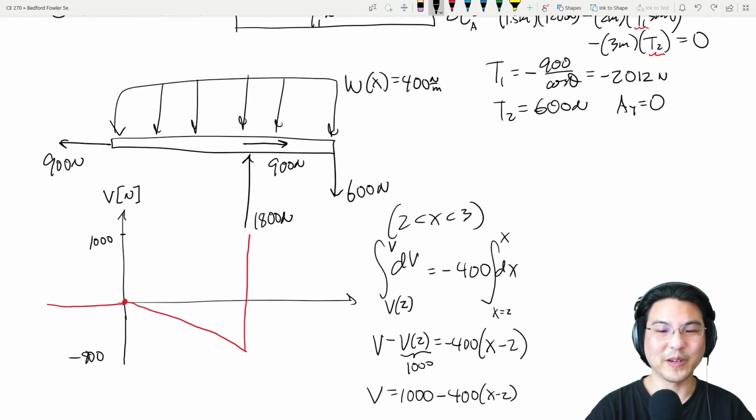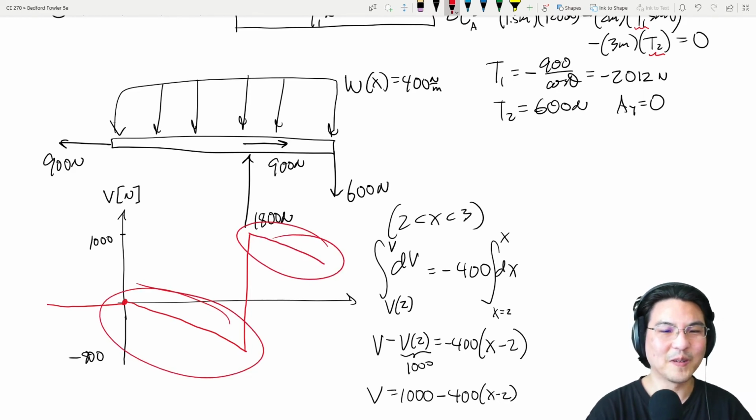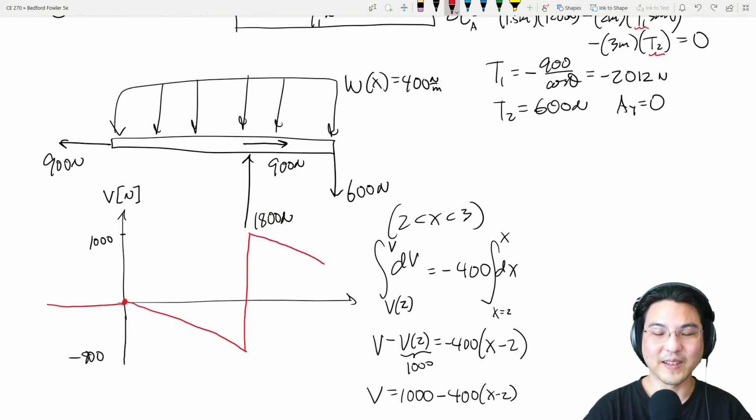So between 2 and 3, what is the value at x equal to 2? That becomes 0, so it's 1,000 right over here. And then as x increases to 3, it'll have a slope of negative 400. Right, so the slope here is the same as the slope over here. And then at x equal to 3, this is going to be 600. Right?